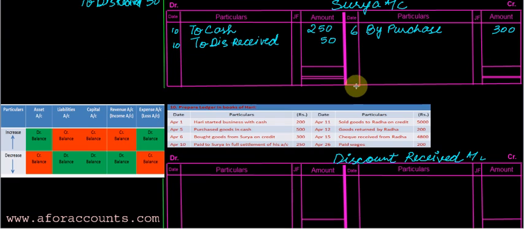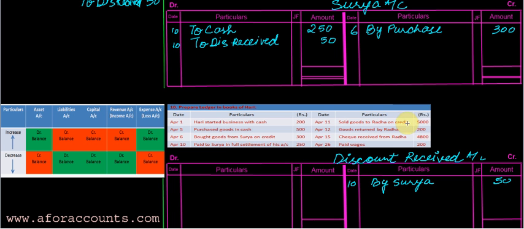So here what I have to write? By Surya 50. See, discount received is an income. It is being credited. I also have to credit it. The date is 10th. Now you can see that cash and discount total has to be the amount of Surya's balance, that is 300.